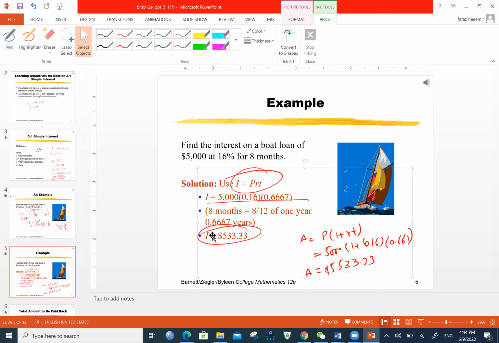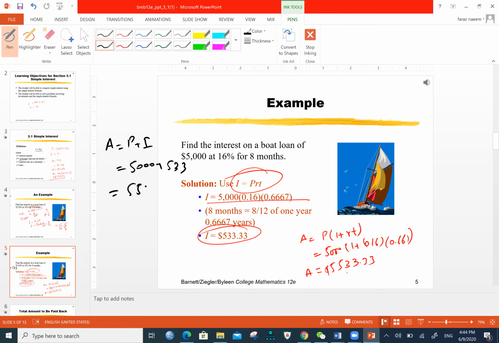So the amount which you will return, we denote it by A, P plus I. So P was 5,000, I was 533, so that is 5,533.